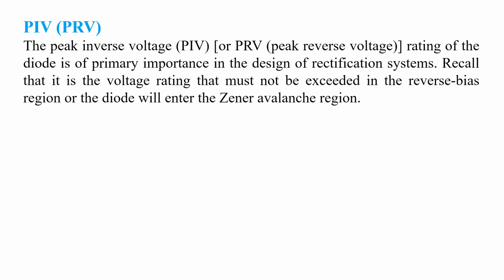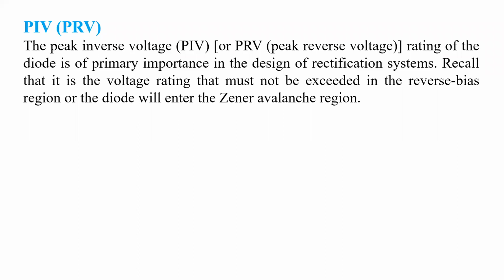Let's say your silicon diode can sustain. Do you understand sustain? Sustain means it can hold, or it can work with, it can cope. Your silicon diode can sustain a maximum amount of voltage of 50 volt.